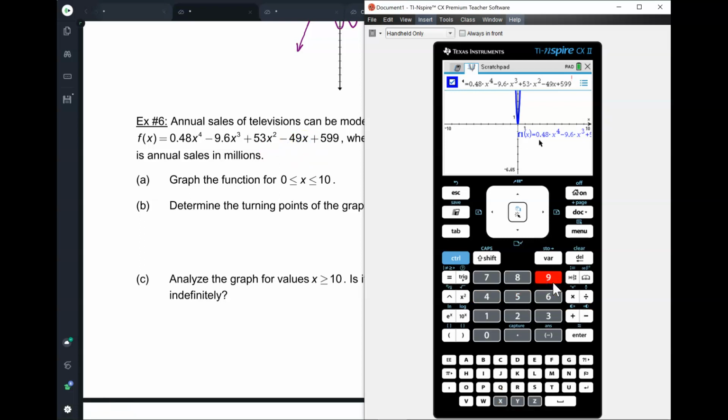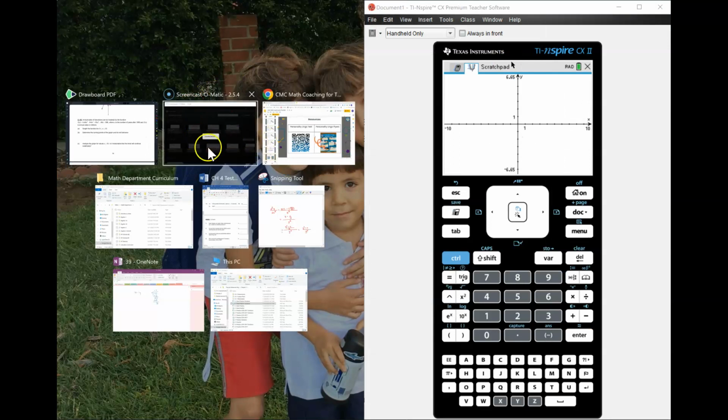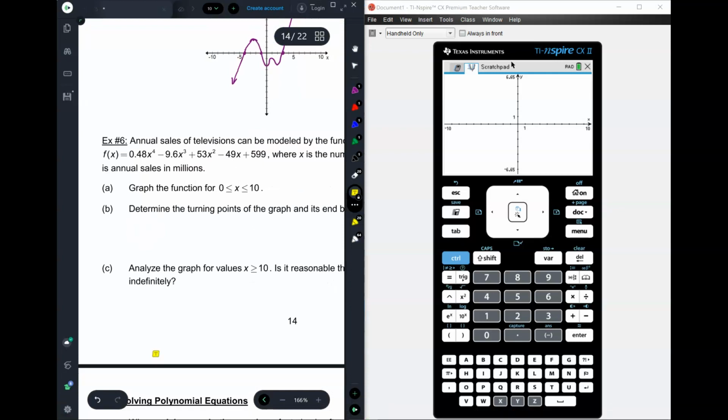You're given a domain for it, 0 to 10. Now, when you graph it, you're obviously not going to see anything, because this is how many TVs are sold in millions, and it's way more than this.